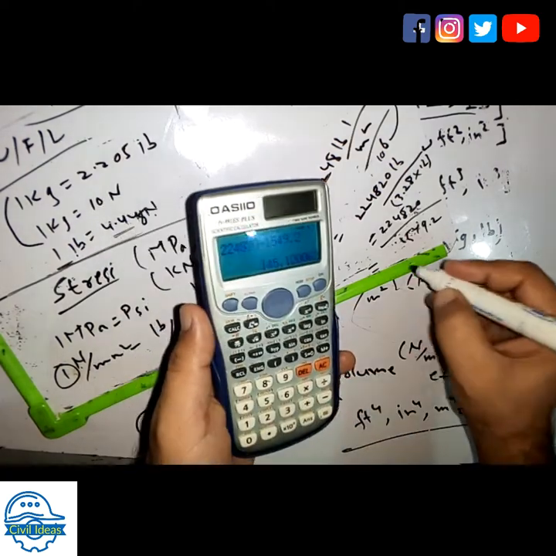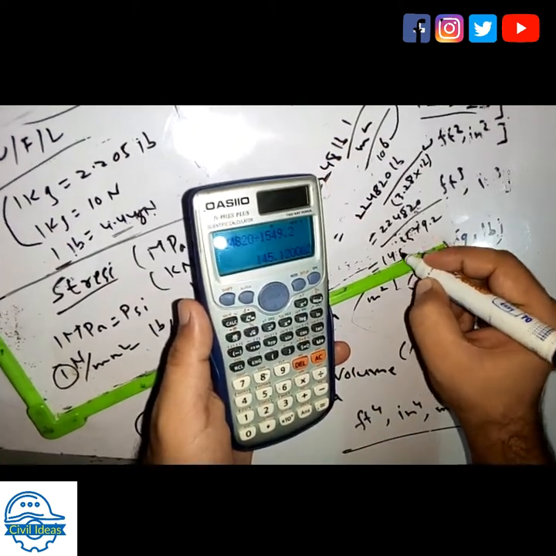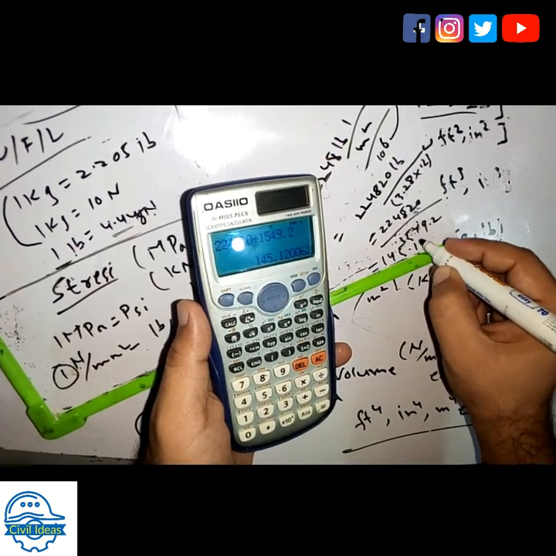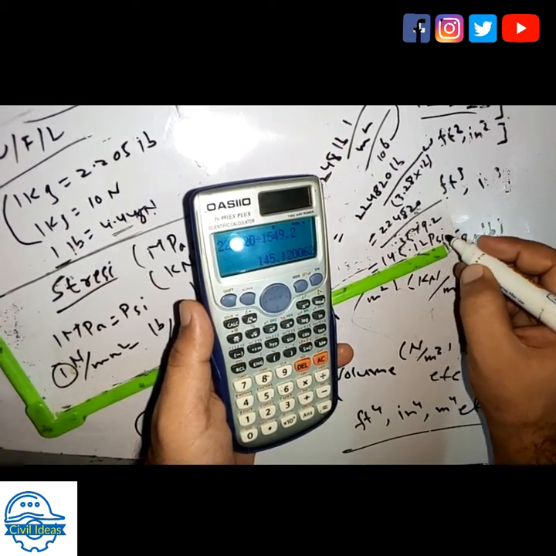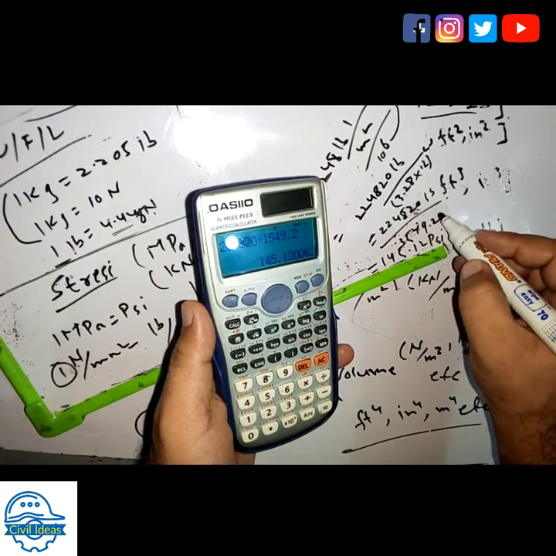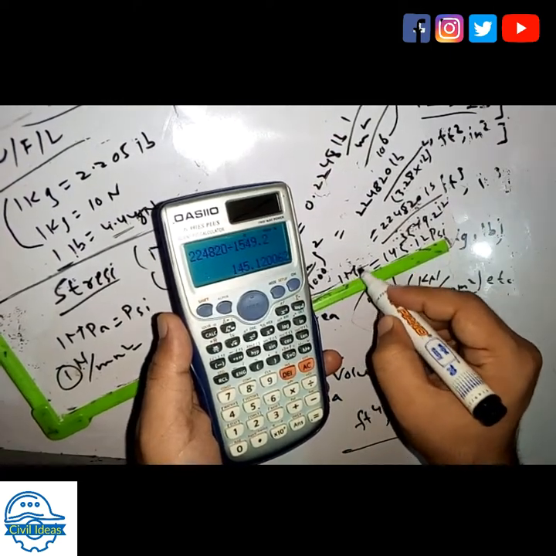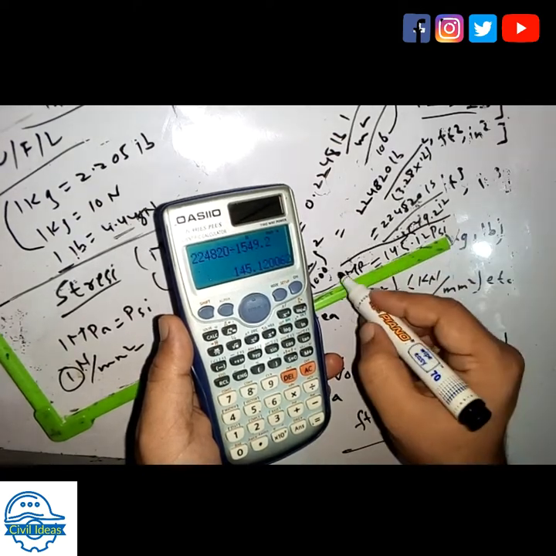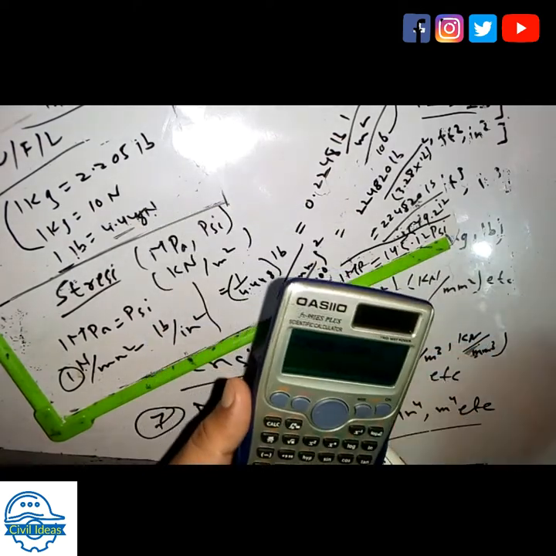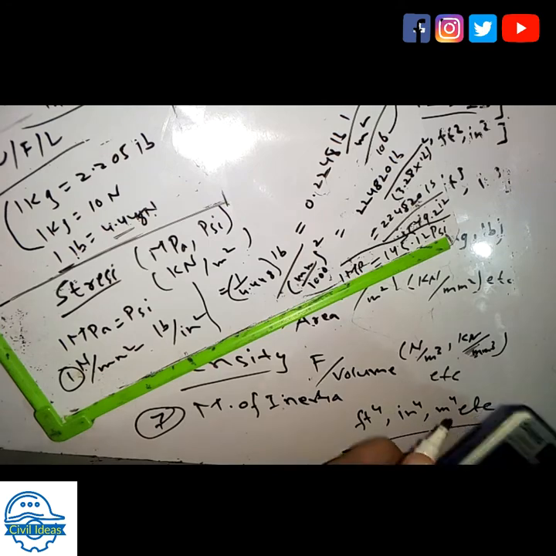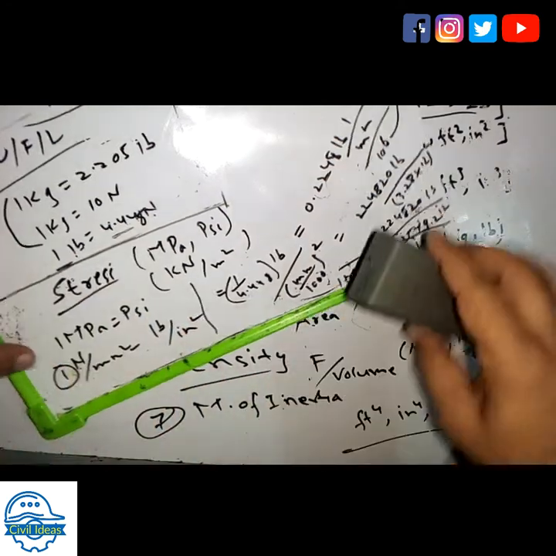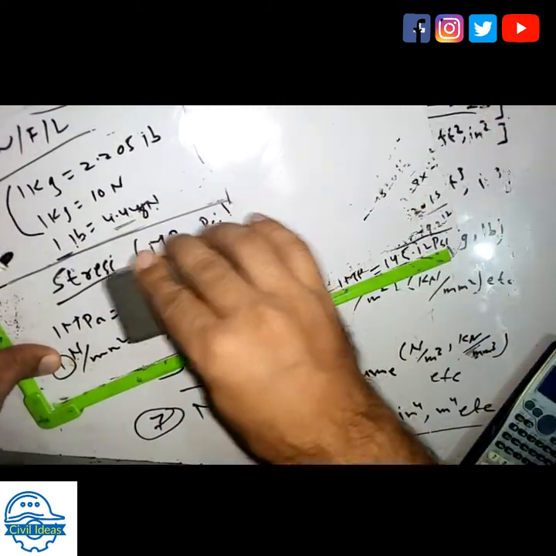Now you can see here 145.12 psi. This is pound, and this is converted into inches. So 1 megapascal is equal to 145.12 psi. So that is how you can convert it into another.